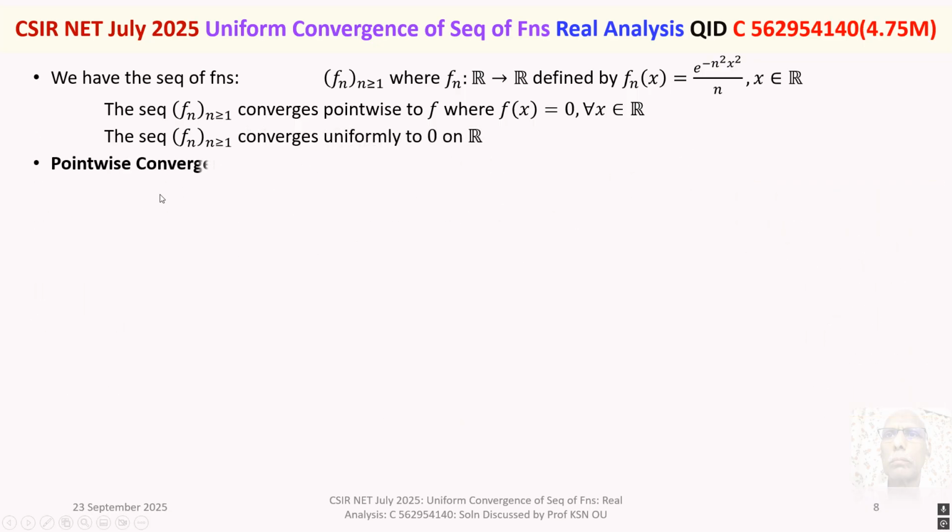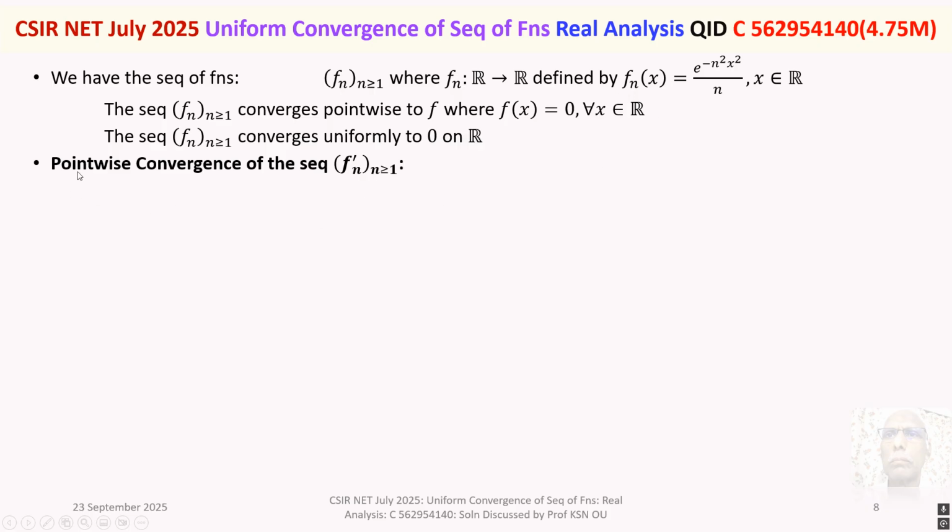Right. Now, we consider fn prime. So far we have seen the sequence fn converges pointwise to f, where f(x) is 0 for all x belongs to R, and we have seen that the sequence fn converges uniformly to the function f, where f(x) is equal to 0 for all x belongs to R. Now we move on to fn prime of x.